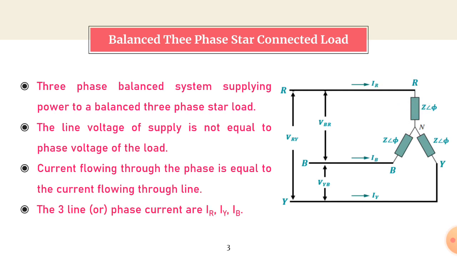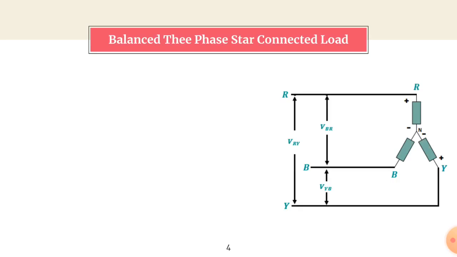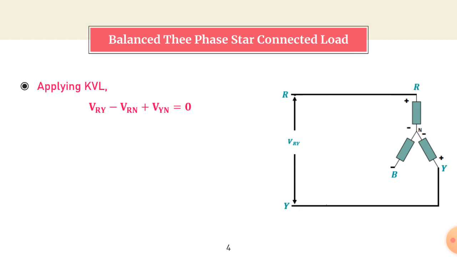The three line currents and phase currents we represent as IR, IY and IB. So let us try to find those currents. Consider only the two phases connected between R and Y for simplicity.